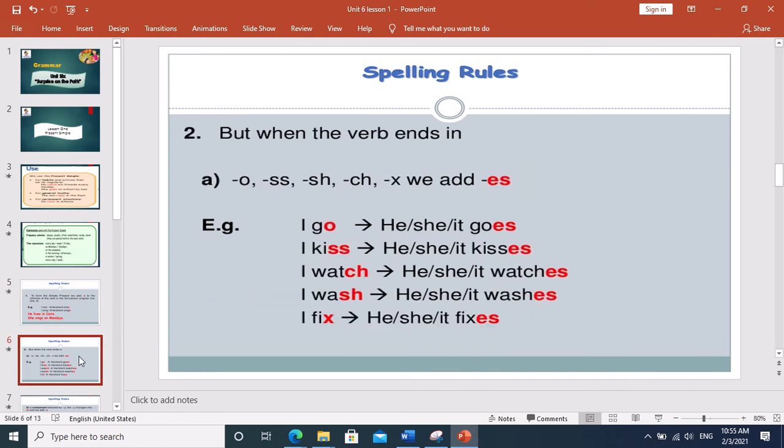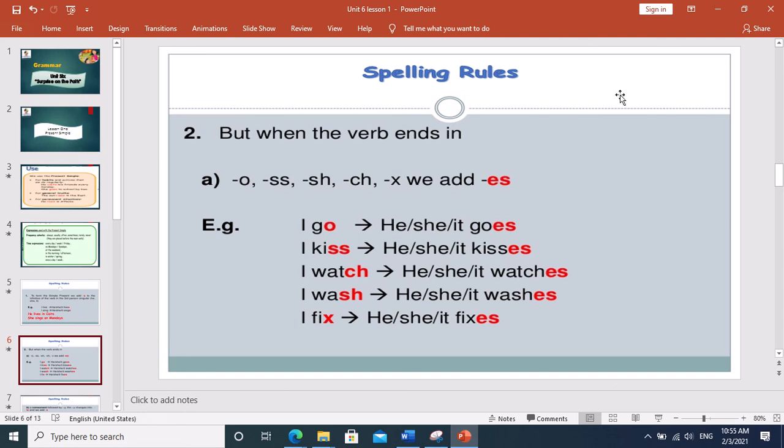When shall I put es on the verb? If the verb ends with O, double S, sh, ch, or x. Again, the first rule, I'm going to put s with the singular personal pronoun he or she or it. If I write one of these verbs that ends with one of these letters, what shall I do? I have to put s?